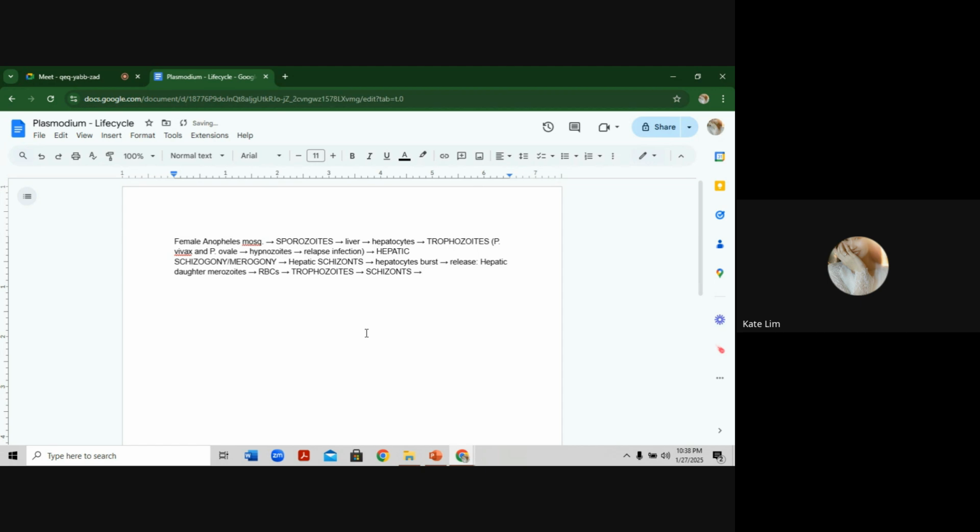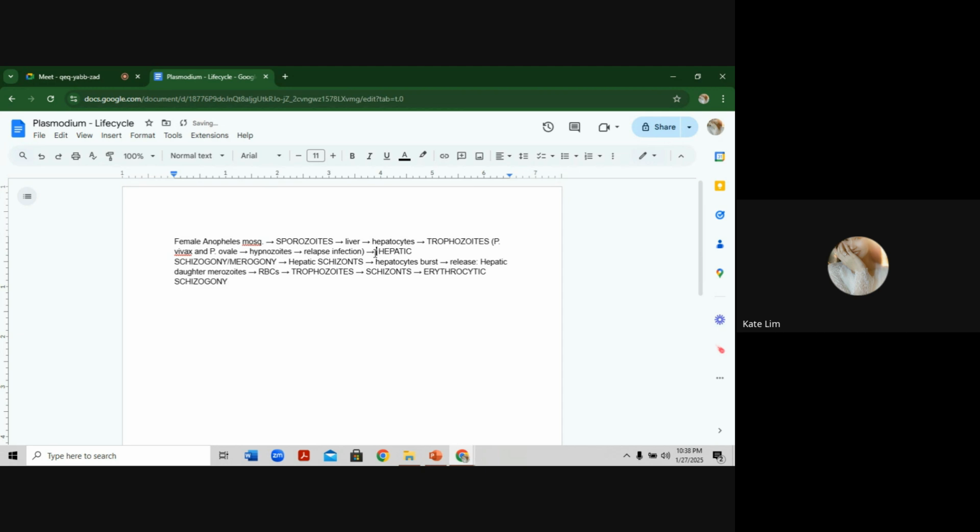If you have remembered, this process is what we call schizogony. And specifically, since we already entered phase 2, this is what we call the erythrocytic schizogony.